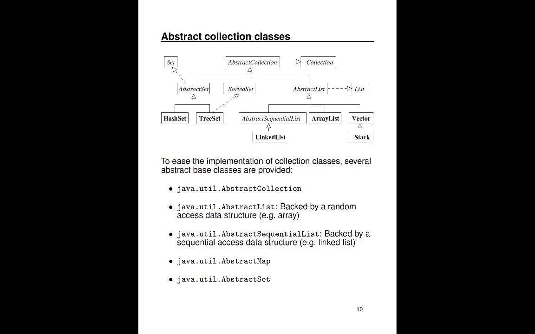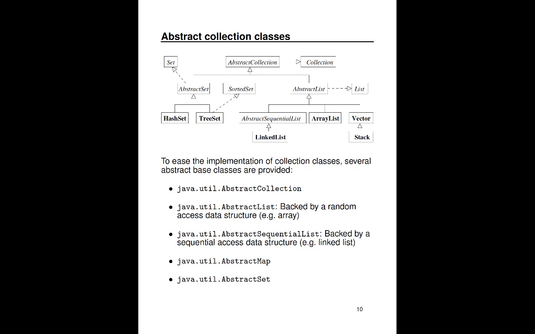If you look at the class hierarchy for the collection classes, at sort of the top are the interfaces, things like collection and set and list. Then there's this layer of abstract classes that implement common functionality for the interfaces. So you'll have abstract collection, and then you'll have abstract list and abstract set, which are subclasses of that, and then everything implements the appropriate interface.